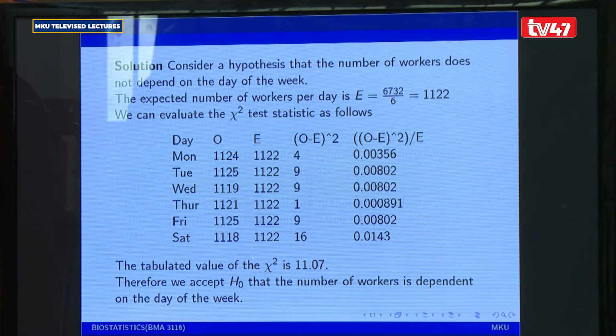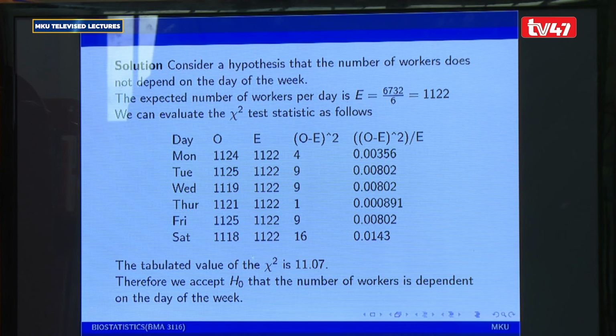So now we need to evaluate the test statistic so that we can use it in making a conclusion. Now, consider the hypothesis that the number of workers does not depend on the day of the week. So if we end up accepting H0, then we will conclude that the number of workers is independent of the day of the week.